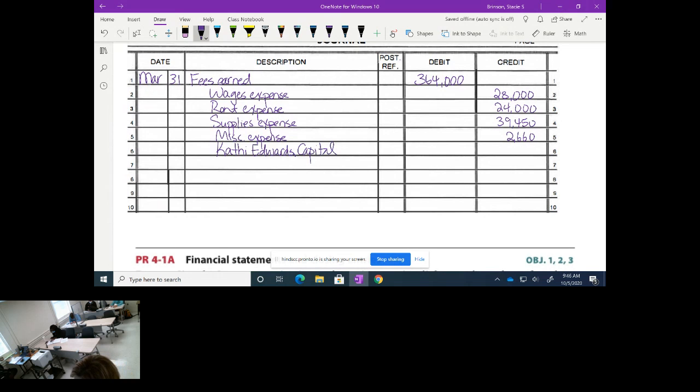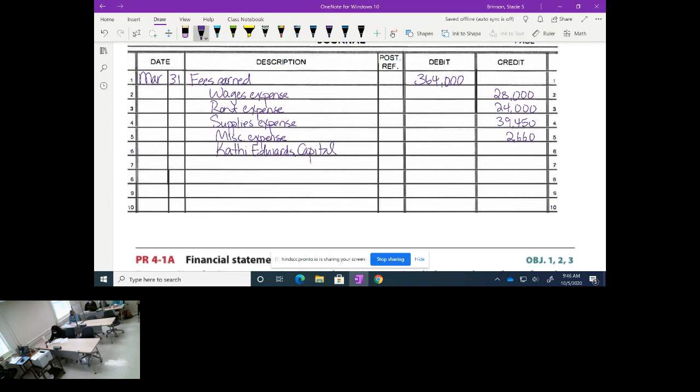And as you're working in Cengage, it might not be a bad idea to figure out first if you have a net income or a net loss. Because if you have a net loss, you can go ahead and put that debit in there rather than having to go back and re-enter all that stuff when they tell you that they're in the wrong order. You know what I'm talking about, right? All the debits first, then the credits.